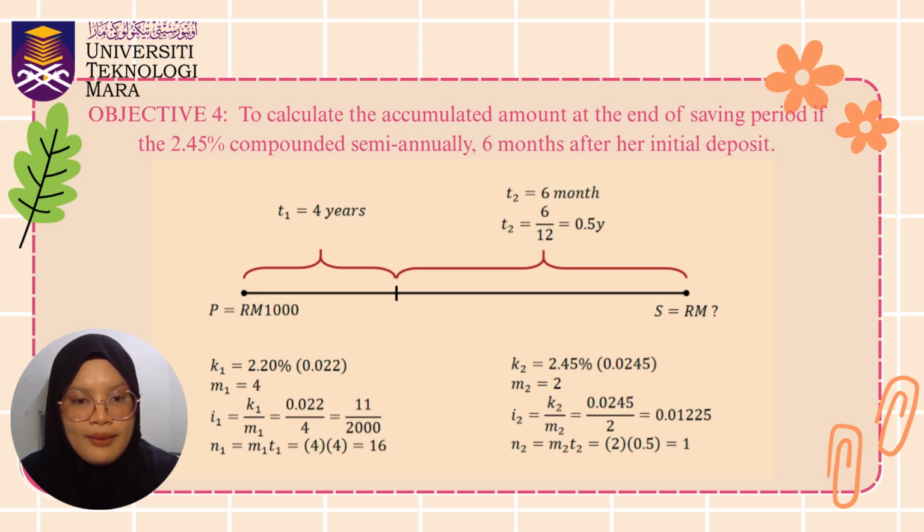N1 equals M1 multiplied by T1, equals 4 multiplied by 4, equals 16. K2 equals 2.45%, which is 0.0245. M2 equals 2. I2 equals K2 over M2, equals 0.0245 over 2, equals 0.01225. N2 equals M2 multiplied by T2, equals 2 multiplied by 0.5, equals 1.